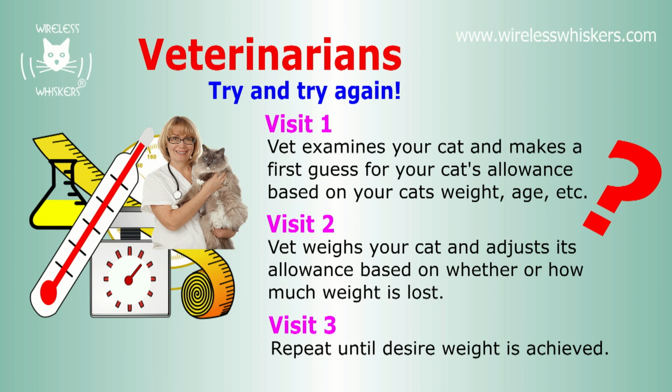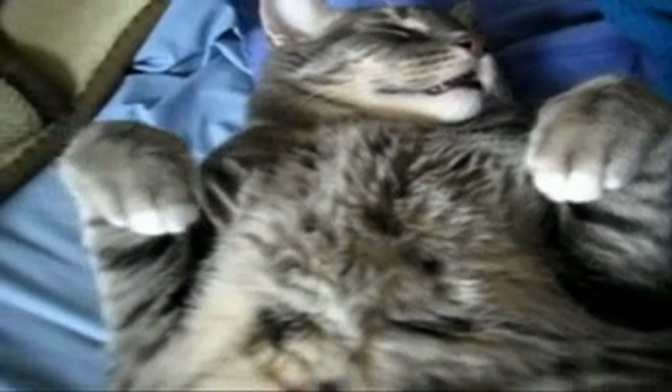And so this trial and error approach is basically the same as you would use if you were doing it from the food label, and really results in the same overall outcome. As the old adage goes, if at first you don't succeed, try again. Well, Max thinks this is enough to put a cat to sleep.